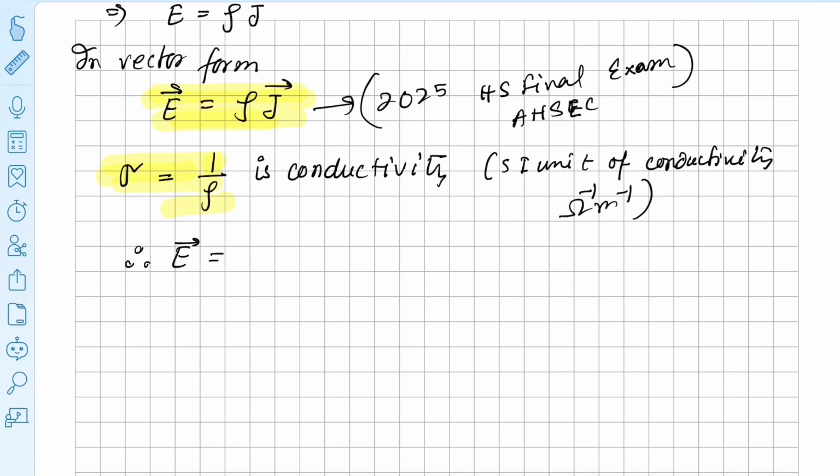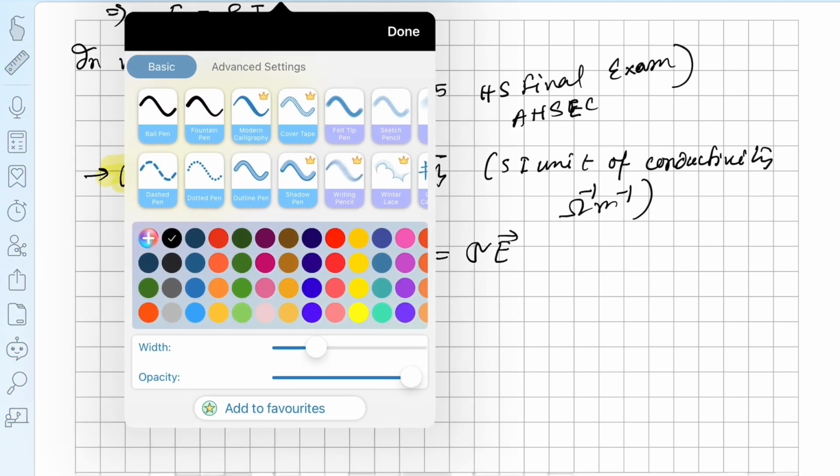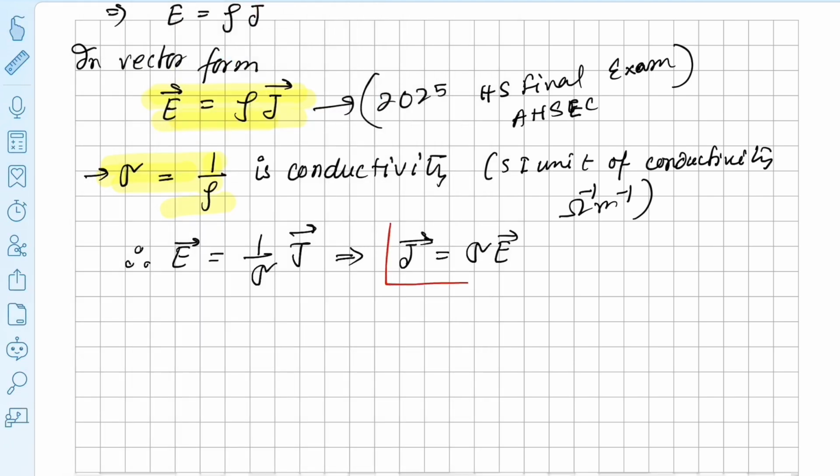Therefore electric field E is equal to 1 by sigma, because if sigma is equal to 1 by rho, then rho will be 1 by sigma, into J. That's why this implies J, that is current density, is equal to sigma into E. This is a very important relation.